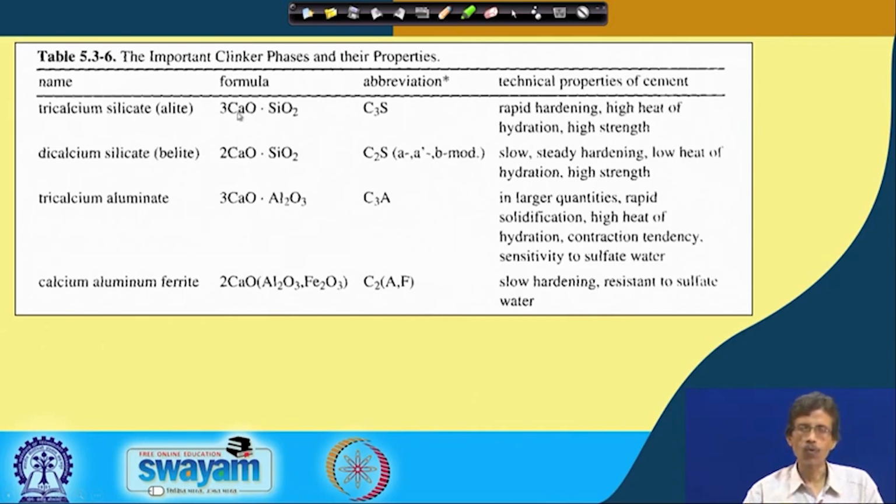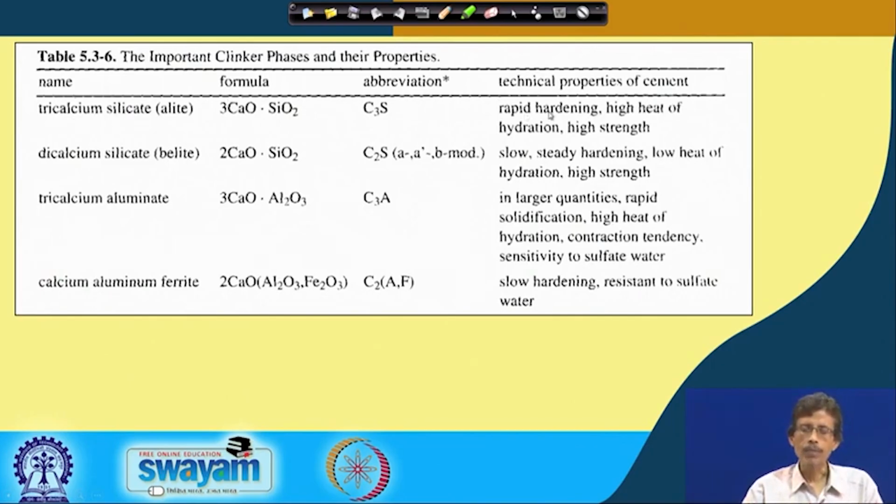So if you get the whole formula, your formula will be Ca3SiO5. So that will be the chemical formula of your tricalcium silicate.